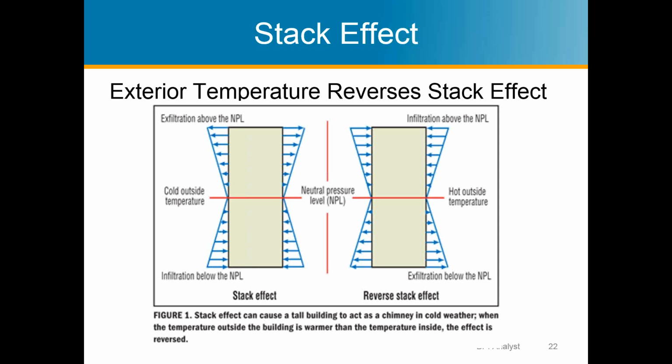And the longer the arrow, the higher the pressure. So again, it goes back to the neutral pressure plane, where there's really zero pressure, at least from the stack effect. There's still going to be wind effect and other mechanical effects acting on the building.